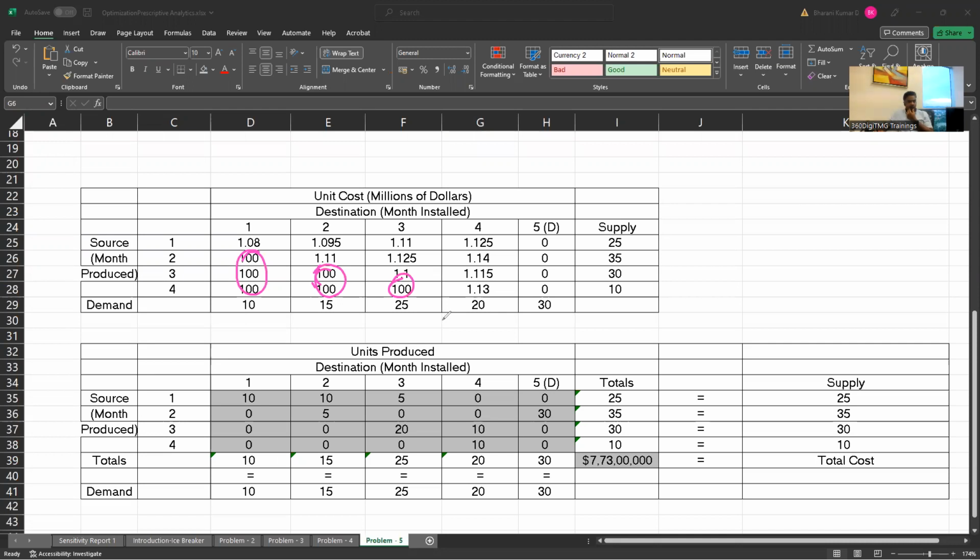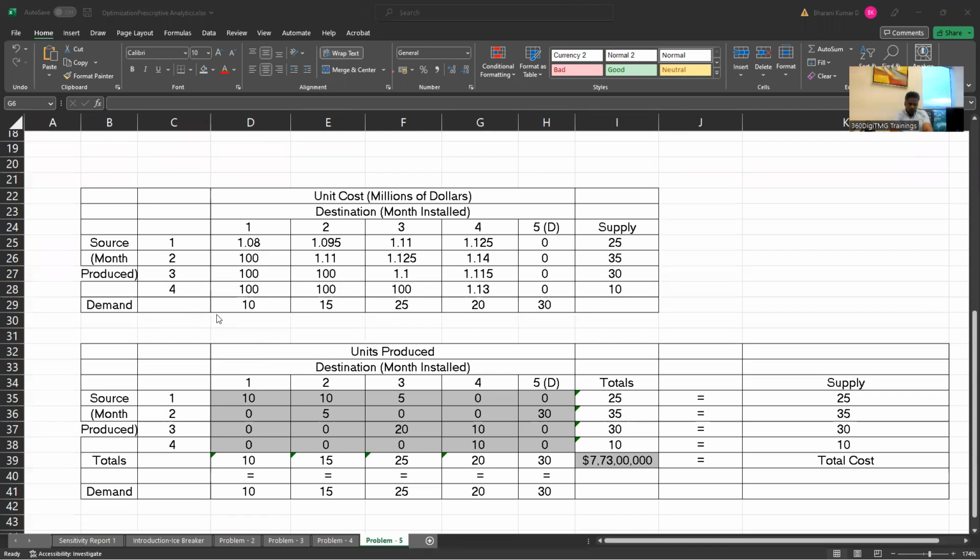Now, what is a decision variable? How many units you need to produce in each of the months, and how many units you need to supply in each of the months. Simple. We are formulating the production planning problem as a transportation problem, and we are trying to solve it.